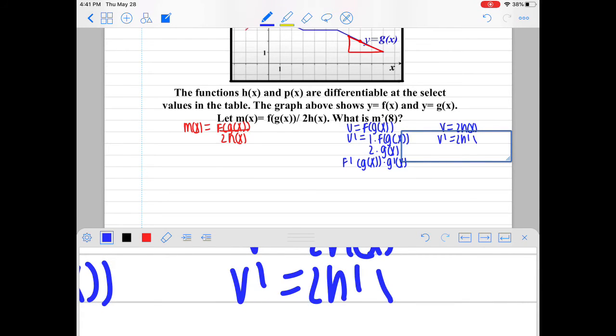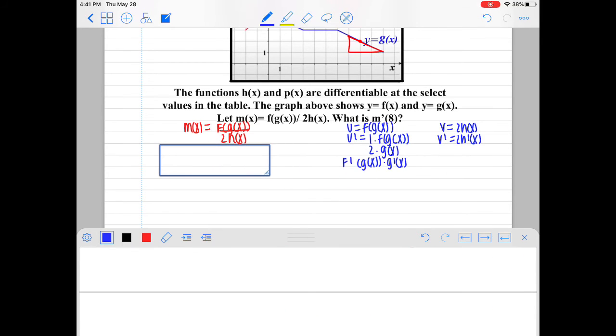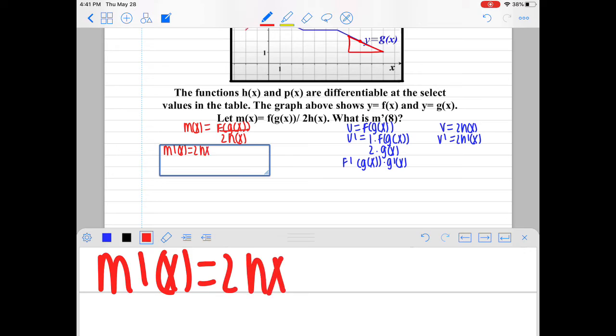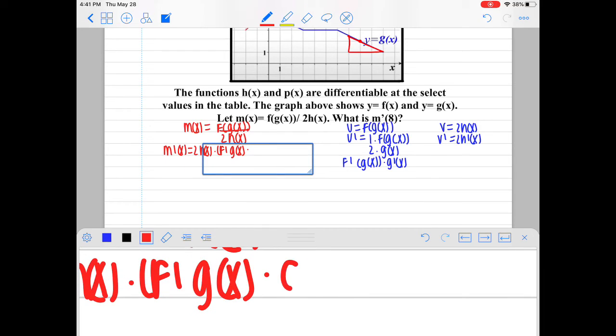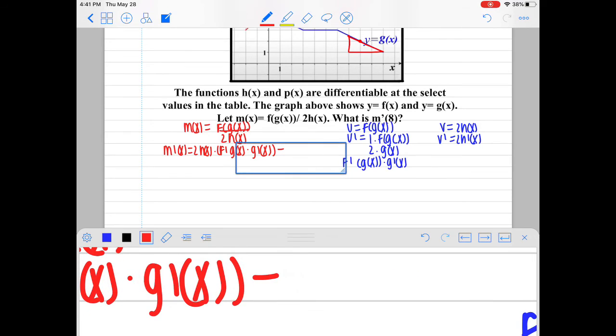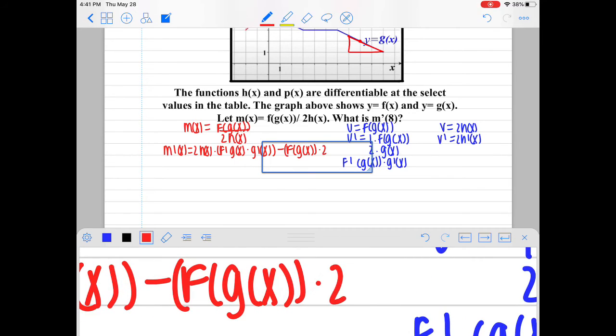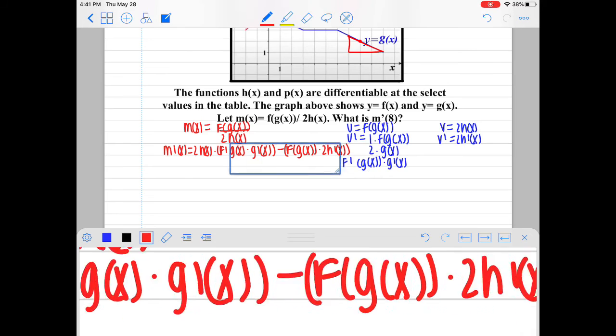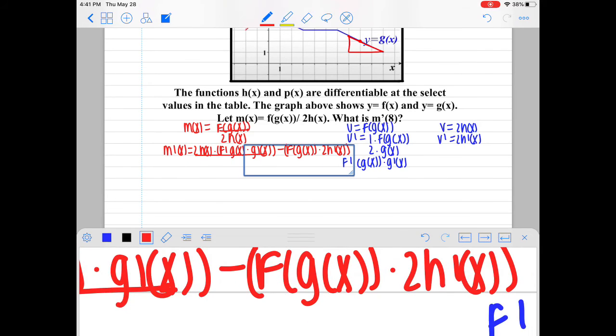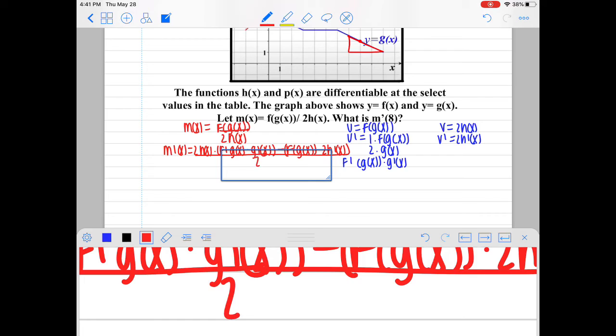2h prime of x. And now we're going to apply the quotient rule, which is just the bottom function, which is 2h of x times the derivative of the top function, which is f prime of g of x times g prime of x, minus the top function, which is f of g of x times the derivative of the bottom function, which is 2h prime of x, all divided by the bottom function 2h of x squared.